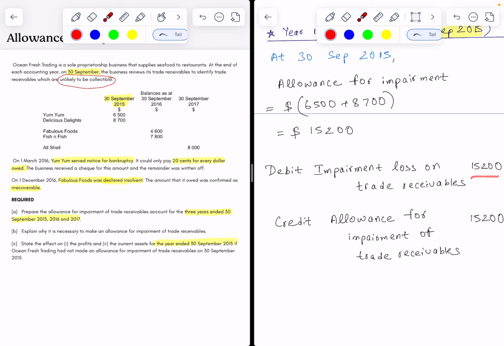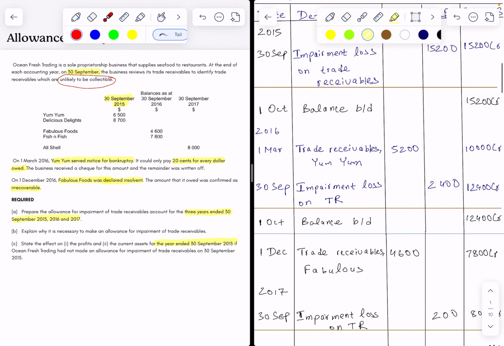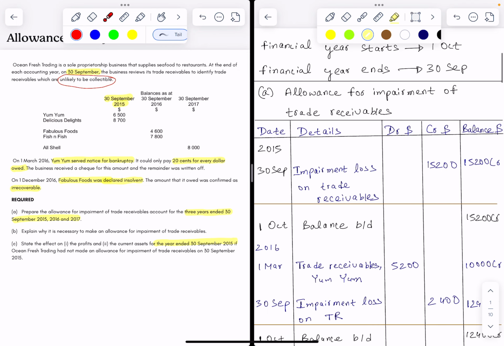Now, based on this journal entry, we understand that the allowance for impairment of trade receivables account is being credited by $15,200, okay? So we go back to the original ledger account, and at 30 September 2015, I'm recording the $15,200 on the credit side, based on the journal entry where the allowance for impairment account was credited.